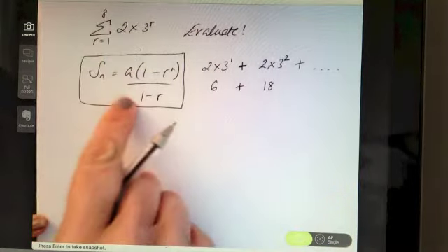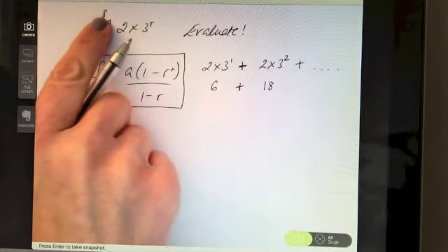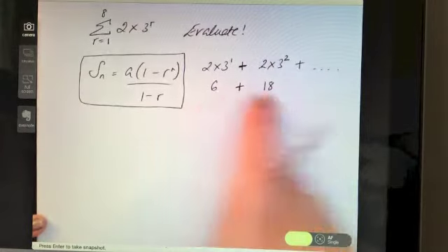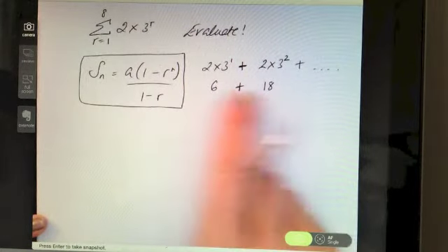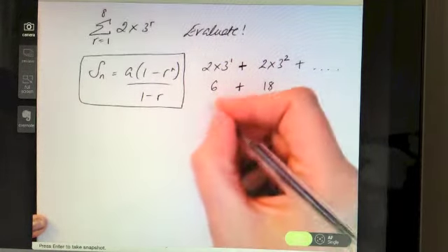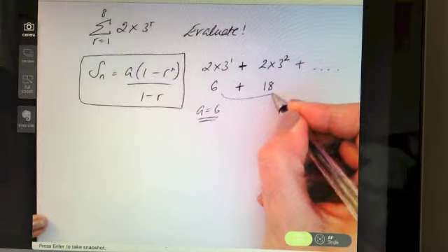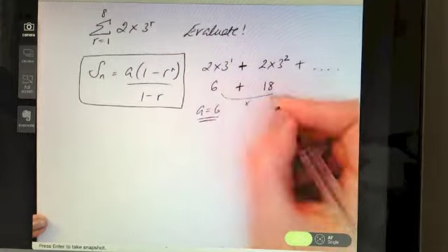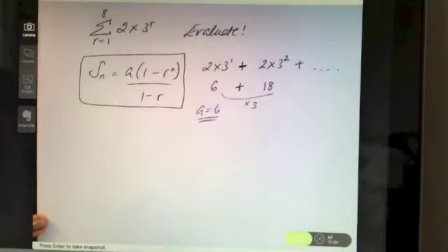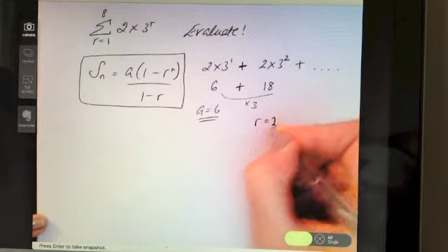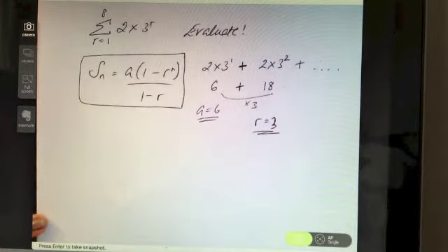Okay, I'm going to do it using the formula because anything higher than 8, or even 8, is going to be laborious enough. I've got all the information I need now, having evaluated the first and second term, because now I know that a is 6, and straight away I know the common ratio. In other words, what's happening each time? It's going up by times 3. So the common ratio is 3. Okay, right.